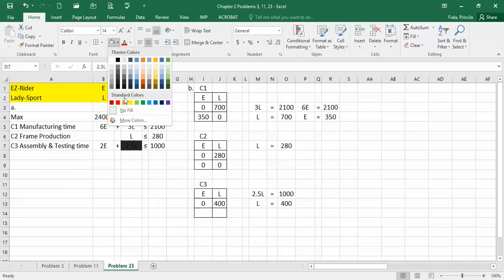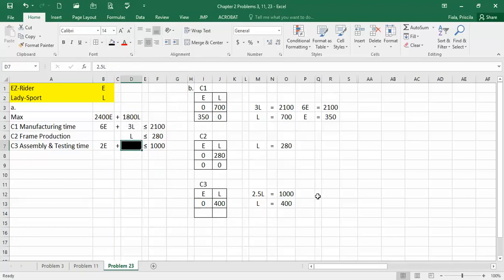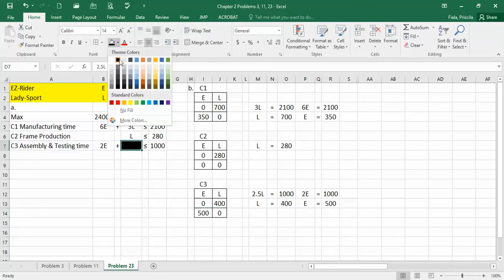We're going to set this to 0 because 2.5 times 0 is 0, right? And then we're going to do 2E equals 1,000, because the second part is 0. Therefore, E is equal to, divide both sides by 2. It helps if I put it as an equation. Therefore, when L is 0, then E is 500. Okay.